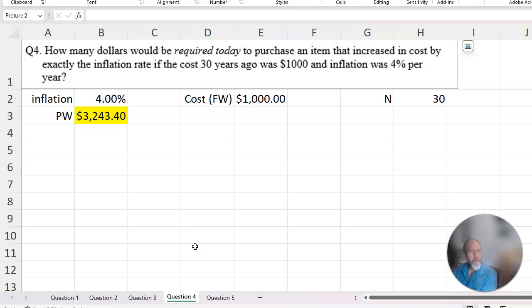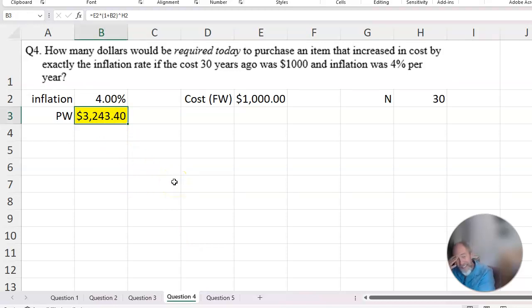Oh, here's a fun one. How many dollars would be required today to purchase an item that increased in cost by exactly the inflation rate if the cost 30 years ago was 1,000 and inflation rate was 4% per year? And that's kind of just your basic 1 plus i to the n.